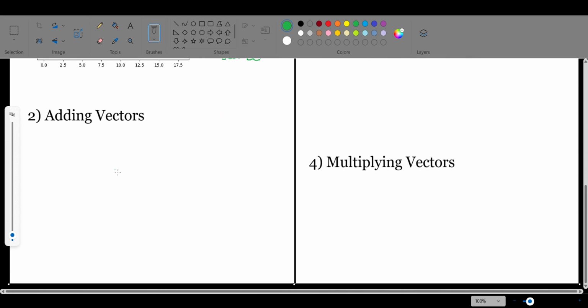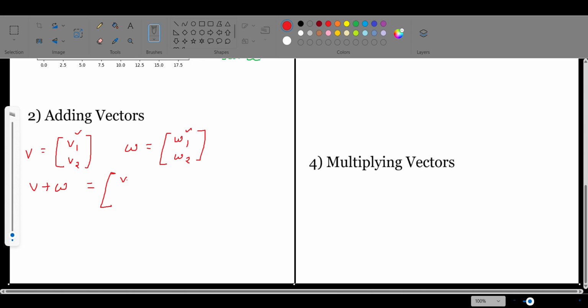Now let's move on to the next thing, which is adding two vectors together. This is pretty straightforward. So let's say you had a vector called v with components v1, v2, and you had another vector called w with components w1, w2. Now, when you add v and w, you just have to add the corresponding components together.